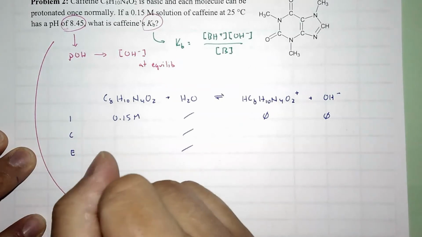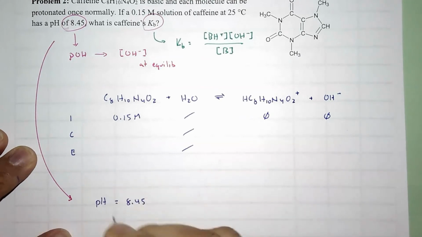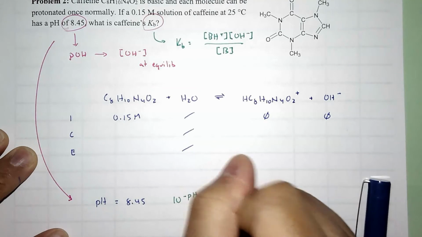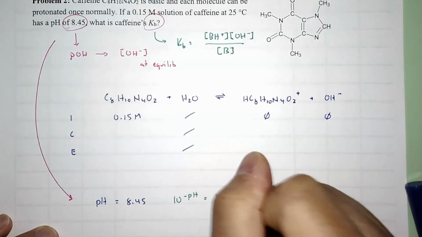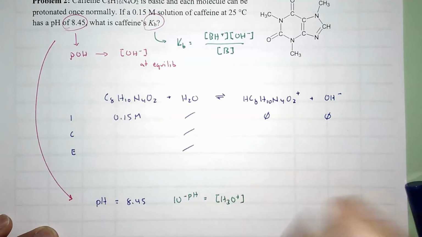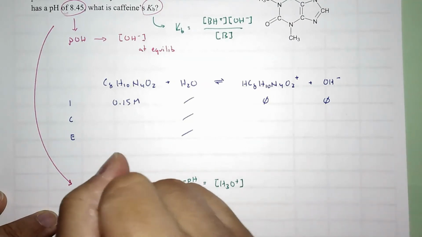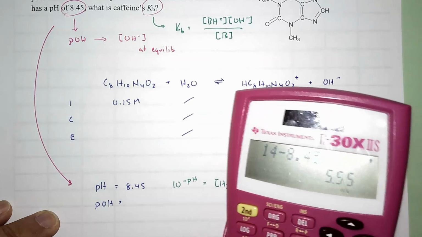So the pH equals 8.45. We know that 10 to the minus pH equals, no, I mean, it does, but let's not go that direction. I don't want this. I want the concentration of OH minus at equilibrium. So instead, let's do pOH: 14 minus 8.45, 5.55.